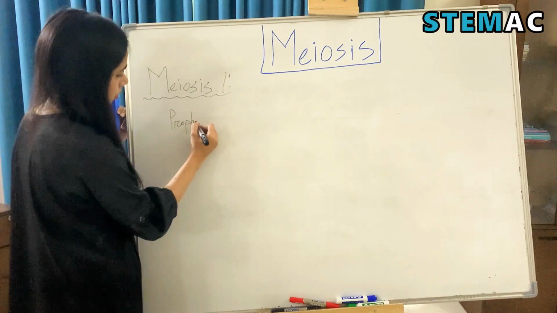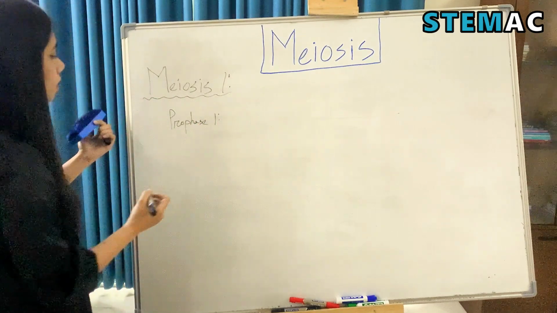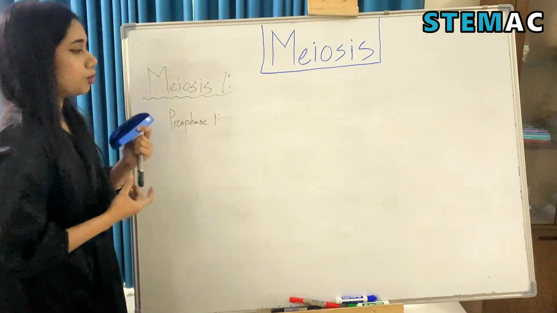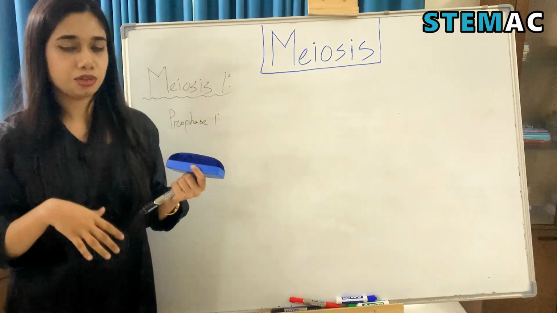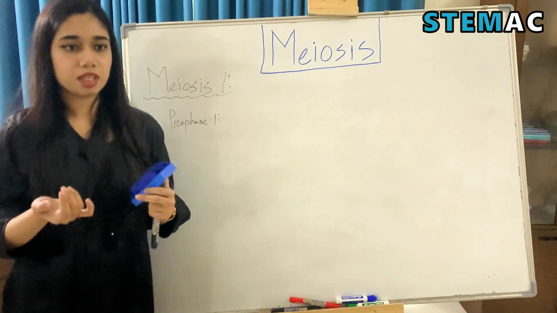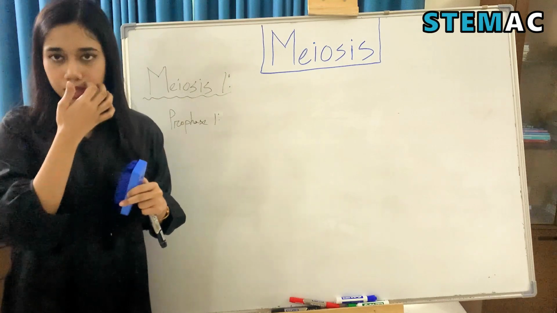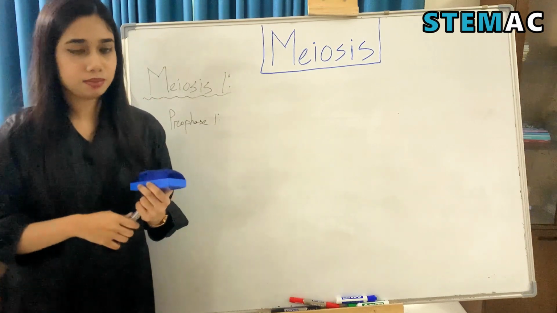Prophase 1 is further subdivided into 5 phases, which are leptotene, zygotene, pachytene, diplotene, and diakinesis.